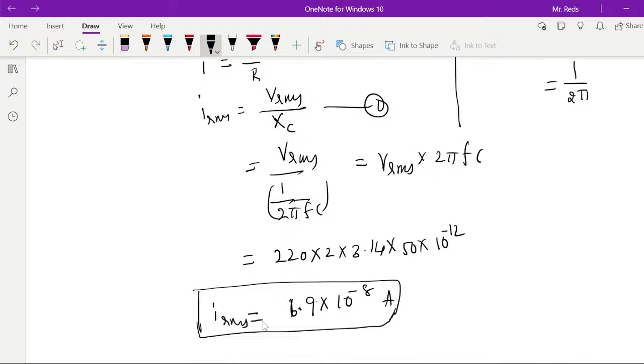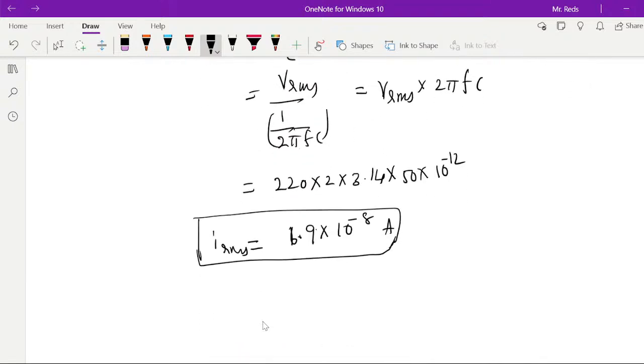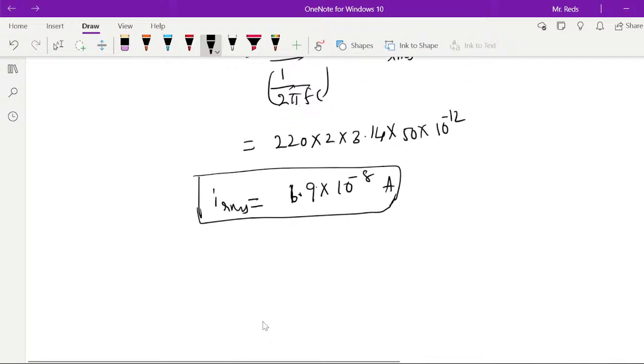Yes, I hope you guys have got it. Next, let us see question number 15. Let us see what is given here and what you are asked to find.